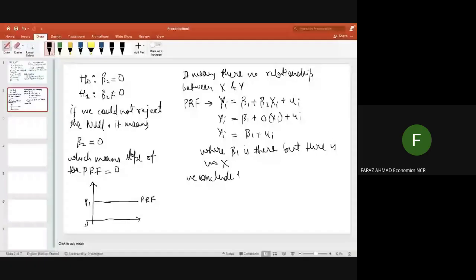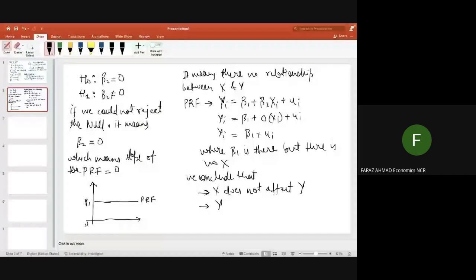We conclude that x does not affect y. We can say in other words, y does not depend on x, or in other words, there is no relationship between x and y.